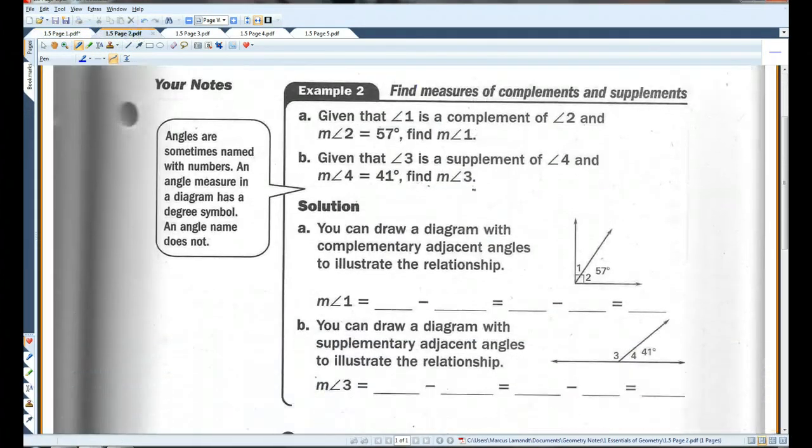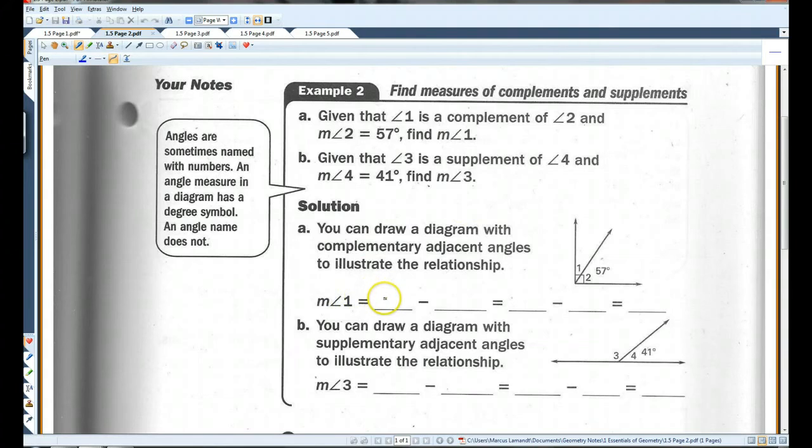Example 2. Given that angle 1 is a complement of angle 2 and the measure of angle 2 is 57 degrees, find the measure of angle 1. Alright, we know that these are complements of each other. They're complementary angles. That means this angle and the unknown angle have to add up to 90 degrees.